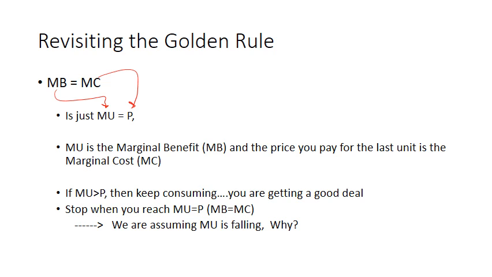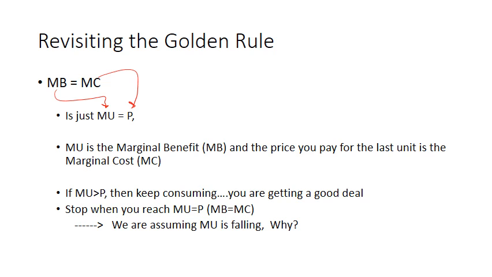The kid was going to stop when the last unit was equal to the cost or the trouble of acquiring that unit. So in our context, MU is really just the marginal benefit, and the price you pay for the last unit is the marginal cost.